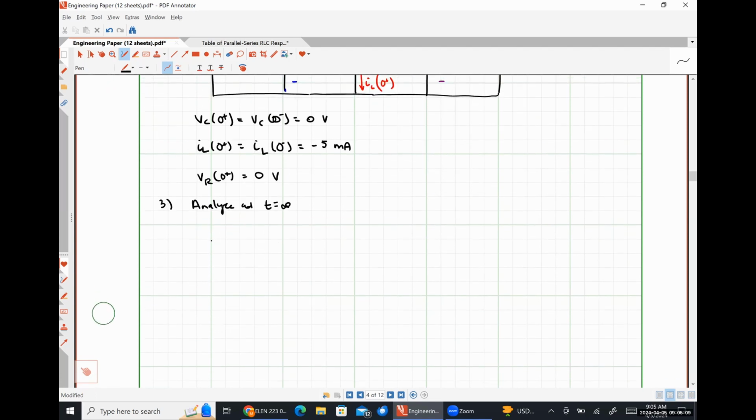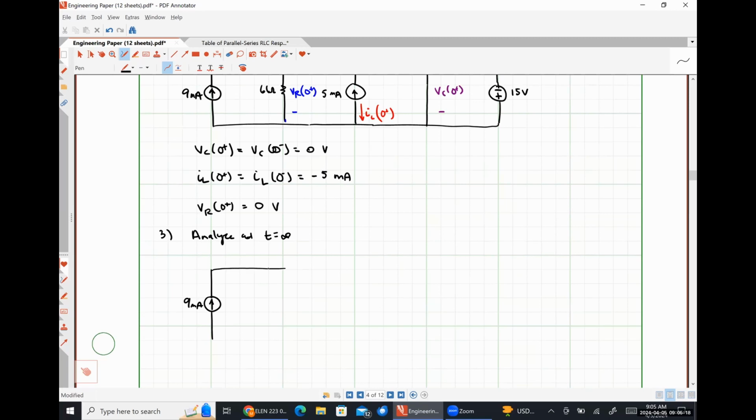So at t equals infinity, we are once again at DC steady state. So our inductor should look like a short and our capacitor should look like an open circuit. Our switch, however, will be closed. My apologies.